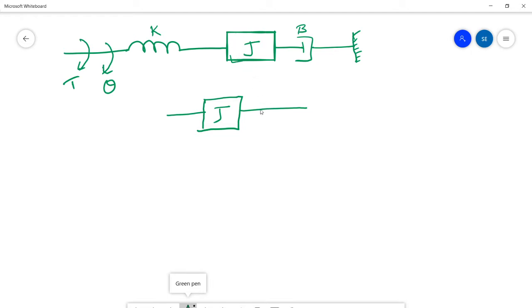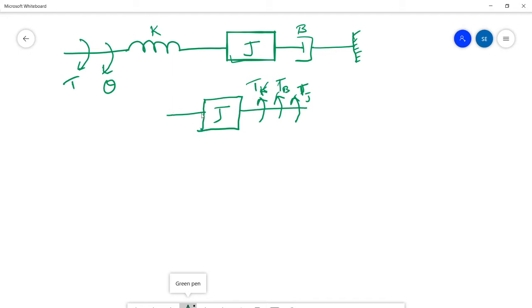So the torques involved in the system are Tk, Tb, and Tj.